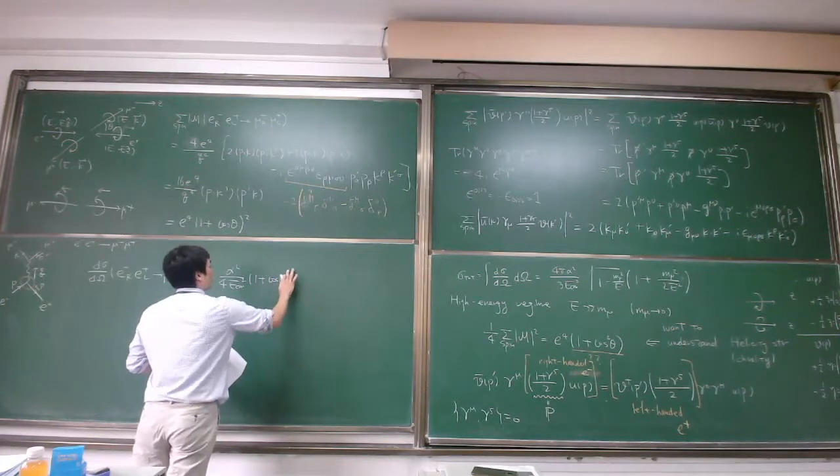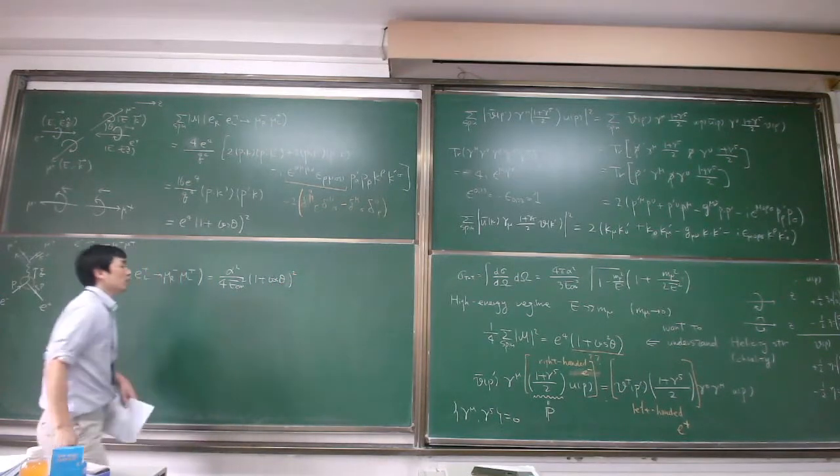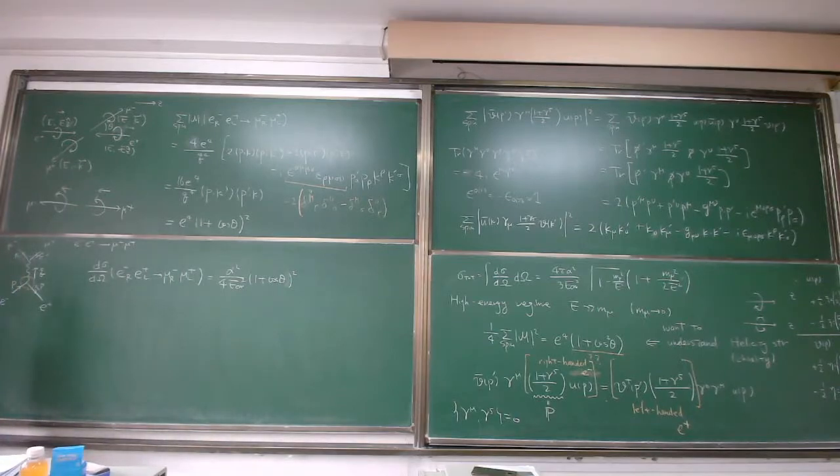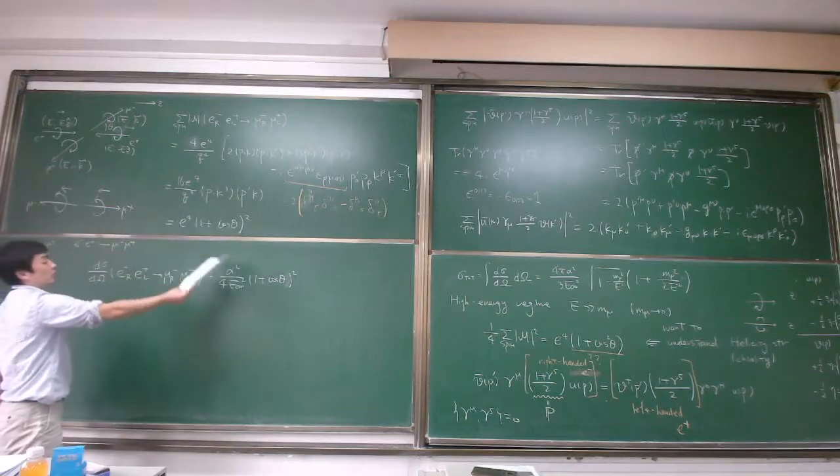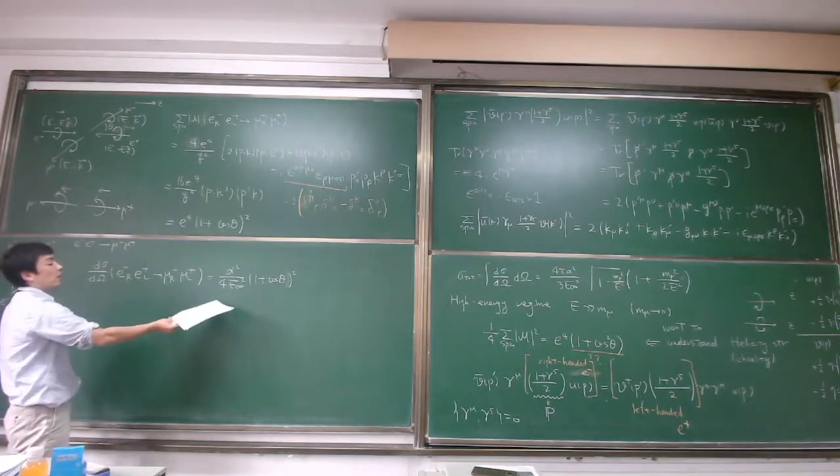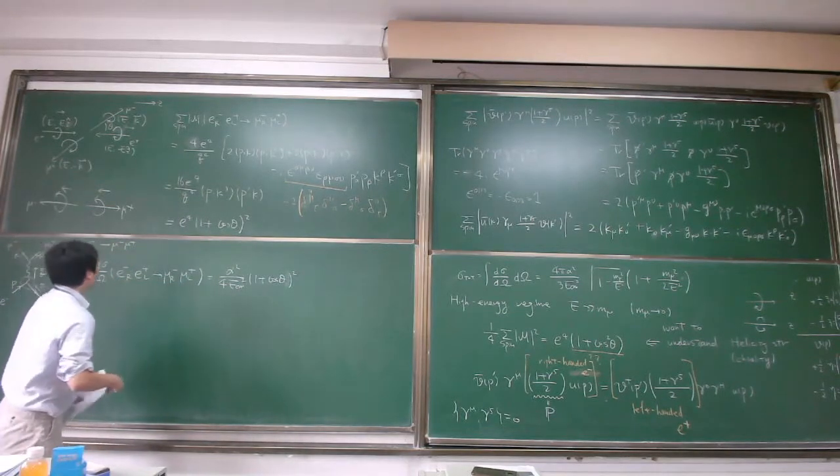The differential cross section for massless spinors, massless particles, should be like this. Just plug this one into here, and then multiply by some appropriate factor, and you get this.